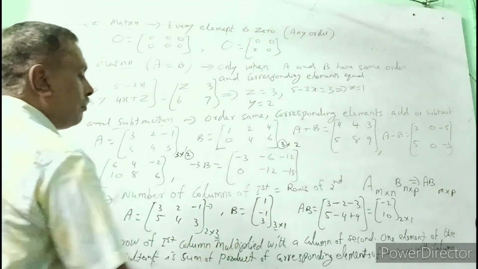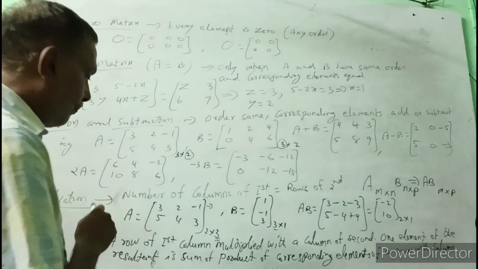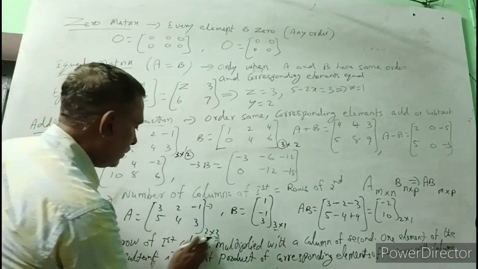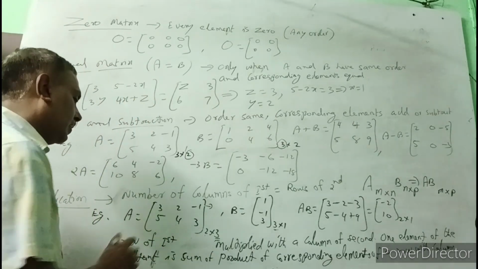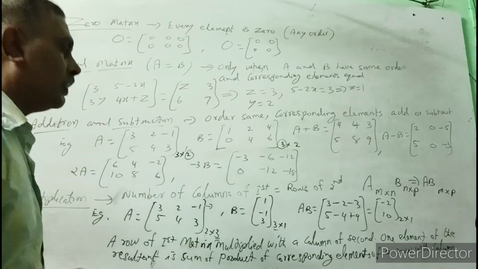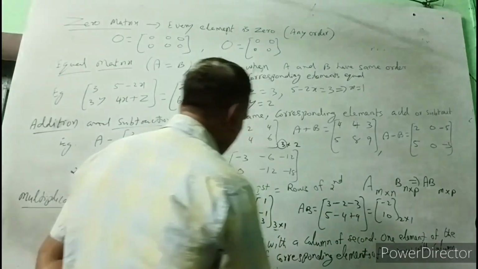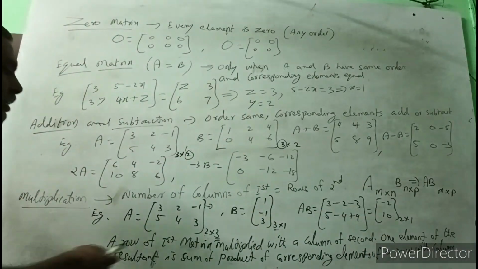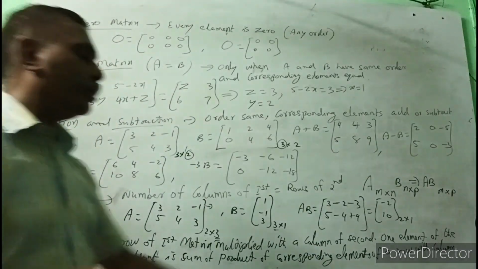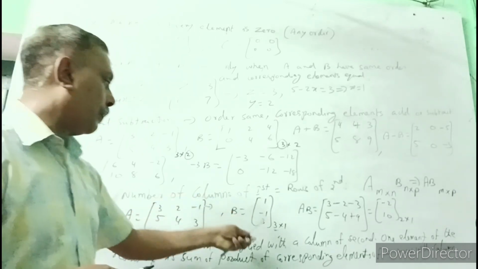A row of the first matrix is multiplied with a column of the second, and one element of the resultant can be obtained by taking the sum of the product of corresponding elements of a row with the column.